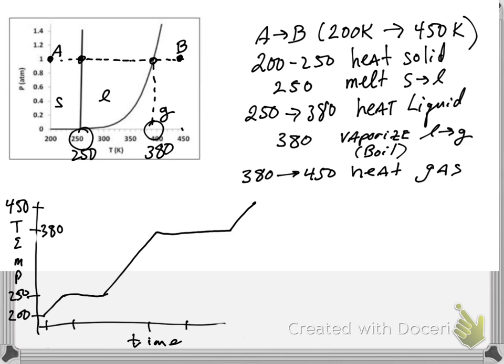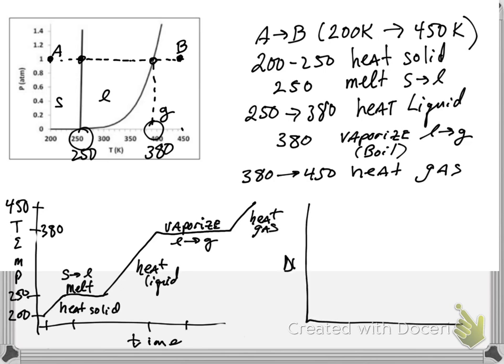We're going to spend some time at the temperature of boiling or vaporization, and then we will heat the gas. Right? So this would be the 5 different processes. Every time you heat, you have a ramp, right? Because it's a one-phase system, so you're just changing the temperature. And then at the phase changes, you have flat behavior because the phase change occurs at a single temperature.